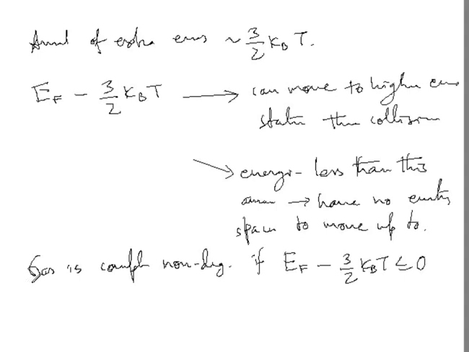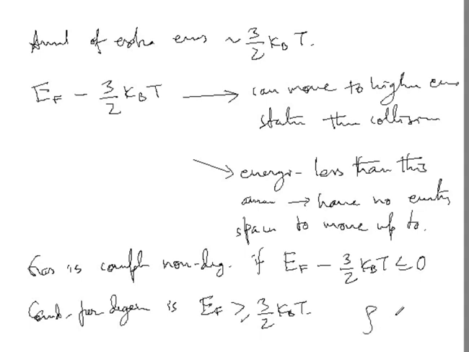Thus the condition for degeneracy is basically Fermi energy greater than or equal to 3 by 2 kBT. Now, in order to relate this condition to the primary quantities, what are our primary quantities? Remember these three.